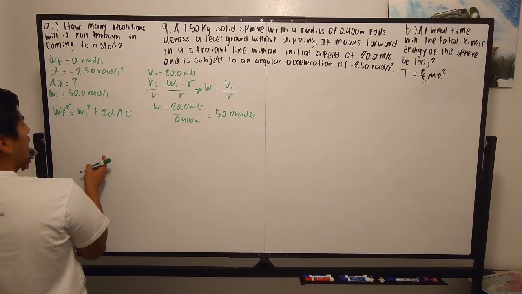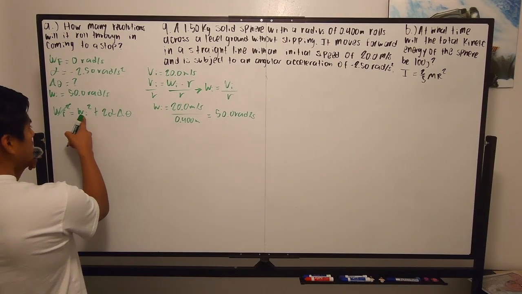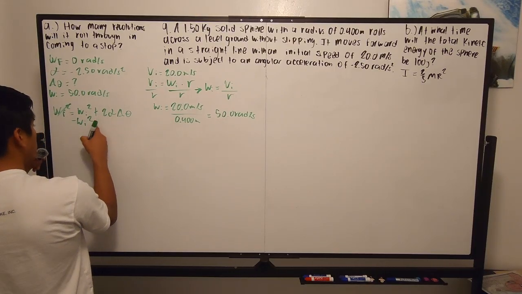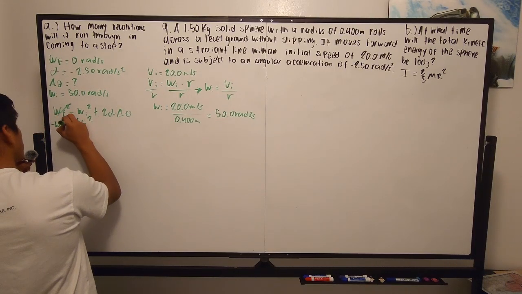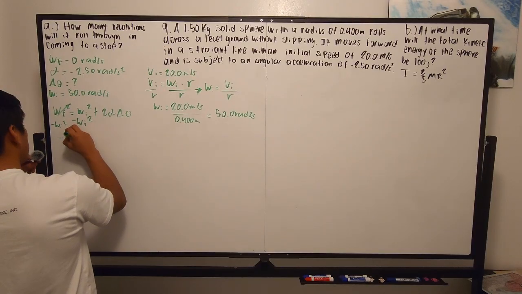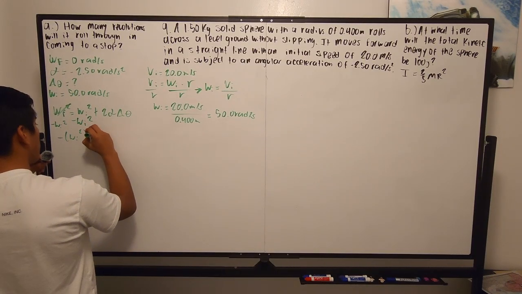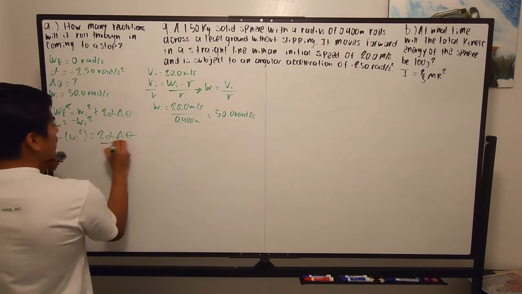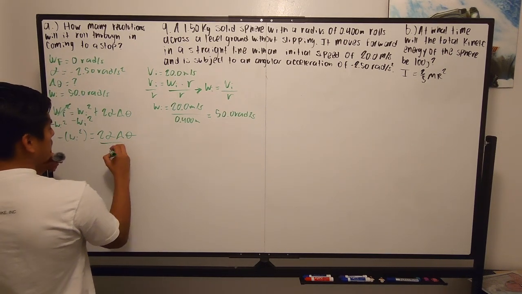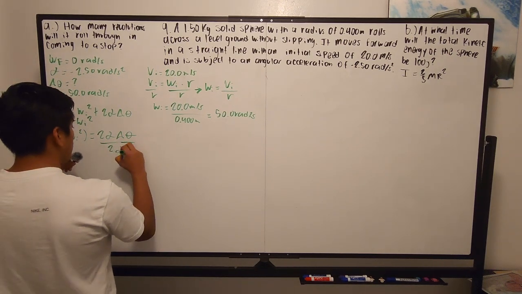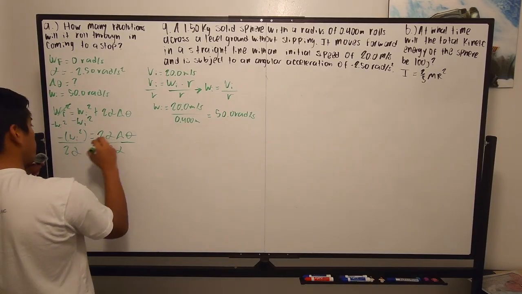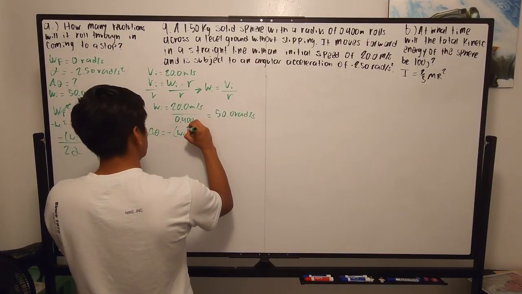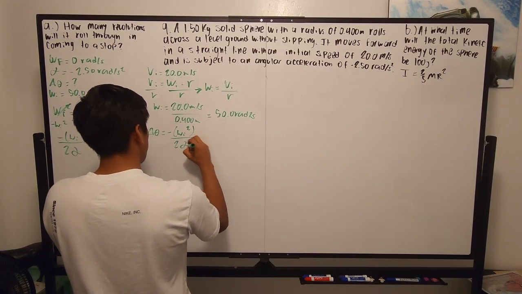Then I'm going to get rid of this constant, so I'm going to subtract omega initial squared from both sides. So now I have negative omega initial squared equals 2 alpha delta theta. Finally, isolating for delta theta, I'll divide by 2 alpha. So delta theta is equal to negative omega initial squared all over 2 alpha.